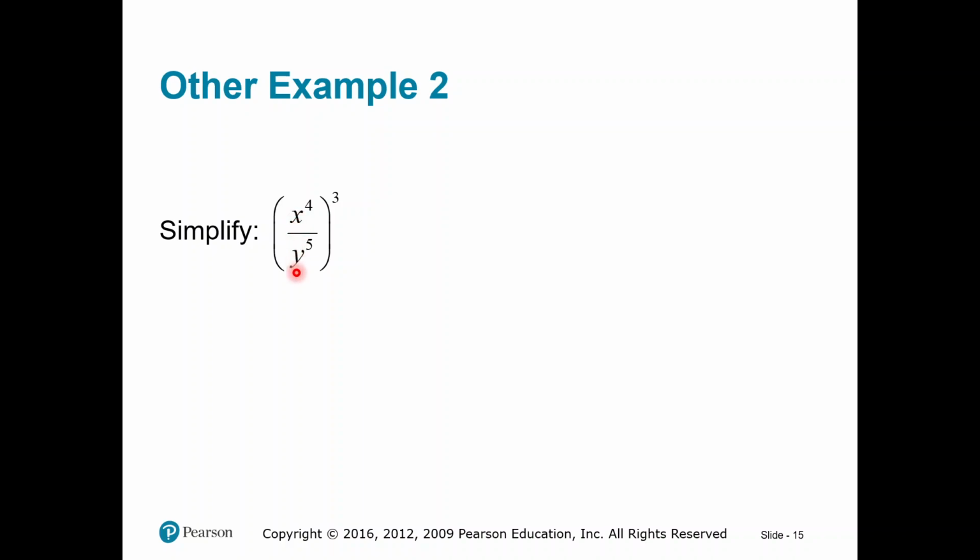So we don't have the same base. And so I just multiply 3 times 4 using the power rule for the x and also for the y. And so 5 times 3. And now we have x to the 12 over y to the 15.